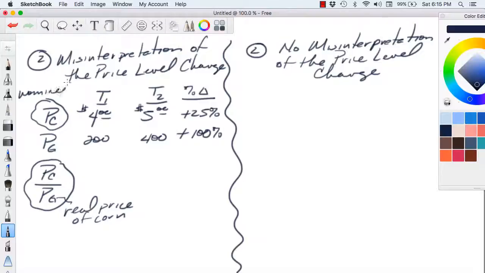The nominal price is in current dollars. So in current dollars, during period 1, the price was 4. In current dollars, in period 2, the price was 5, and that's a 25% increase. But over that time period, the general level of prices has gone up 100%. So the real price of corn, if you actually check this out, the real price of corn here is 2, and the real price of corn here is actually $1.25.